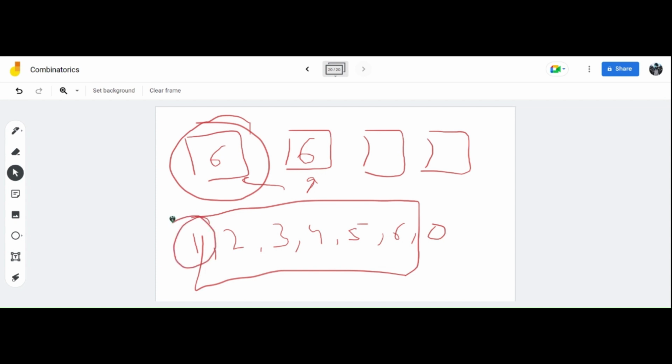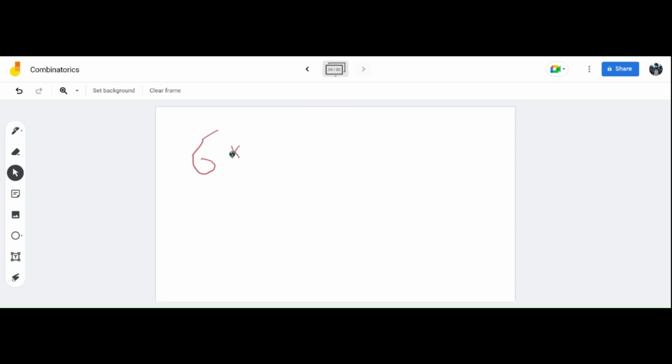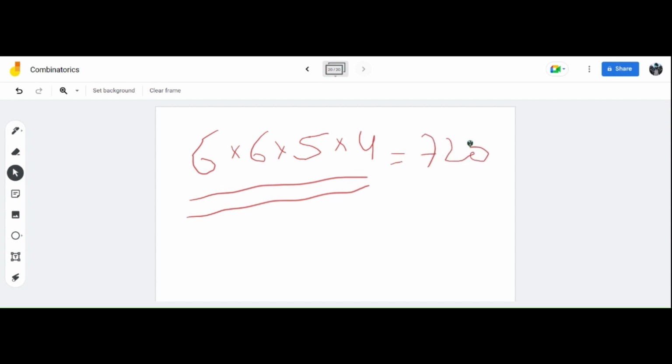So 2, 3, 4, 5, 6, or 0 can come in the second place. Third place will have any number except these two. So the answer will be 5 into 4. So it will be 6 into 6 into 5 into 4, which is equal to 720. Let me check. Yeah, so this will be the answer.